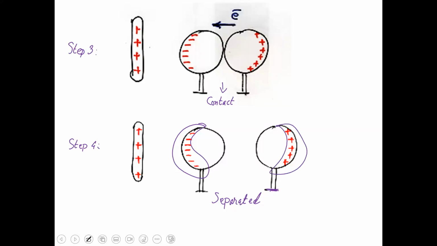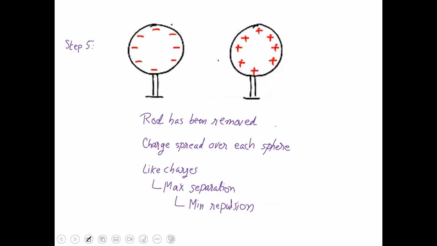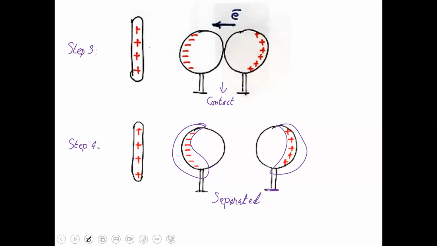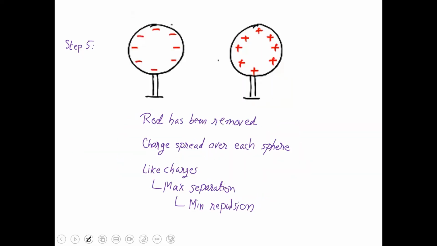Now you can observe that the two spheres are separated and the rod has been removed. The charges spread out on each sphere. Actually, like charges naturally repel, but due to the rod, they were together. Now, after the rod has been removed, they are spread out. You have to copy step number 5.